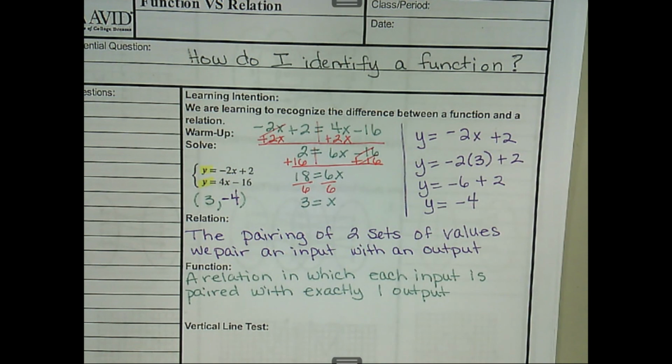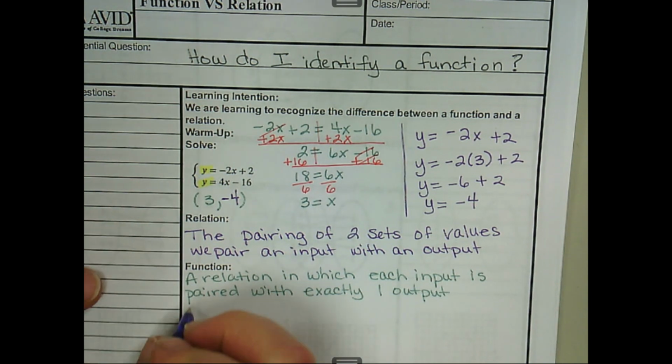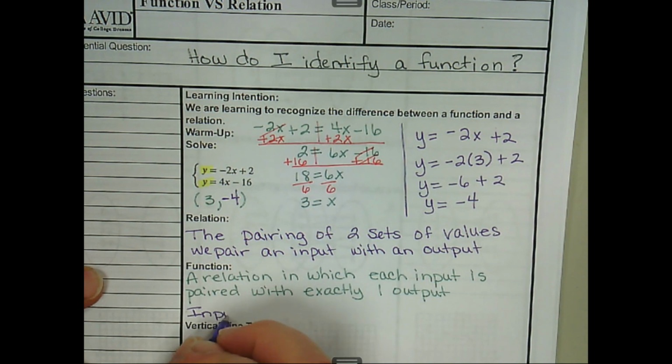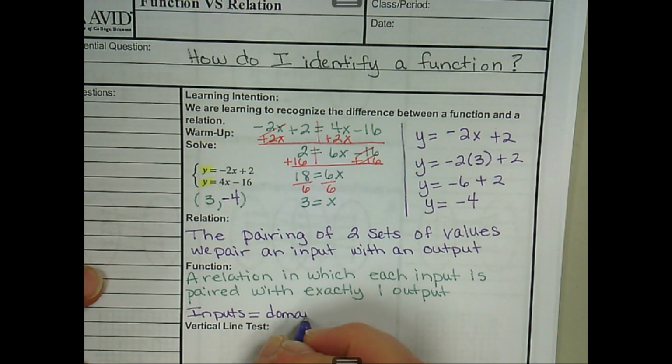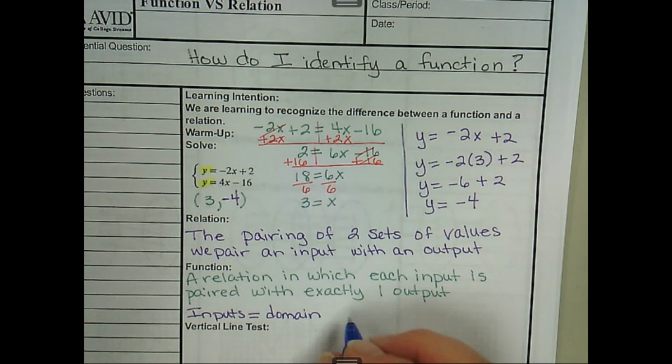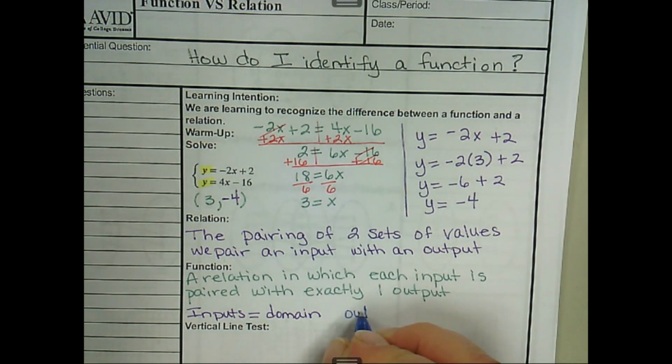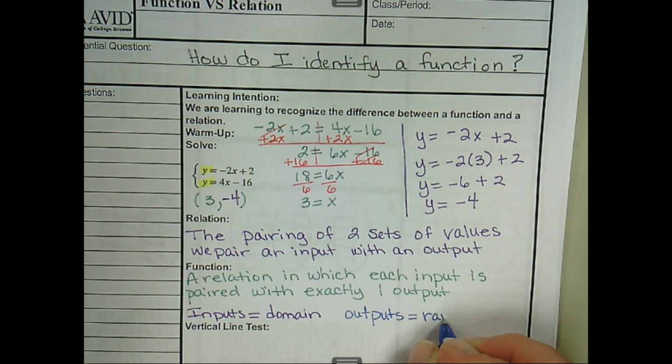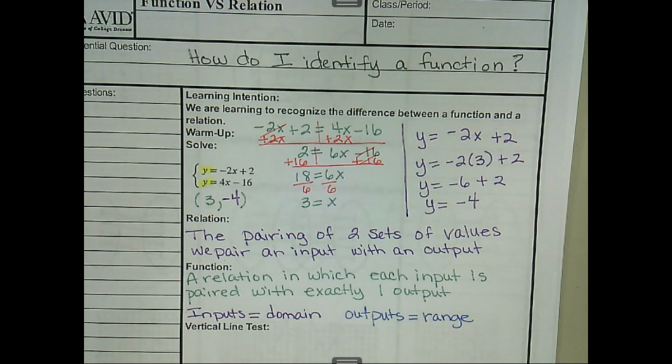Okay, and remember, the set of inputs is what we call our domain. The set of outputs is what we call the range. So, for each input, each member of the domain, there is only one output or member of the range.